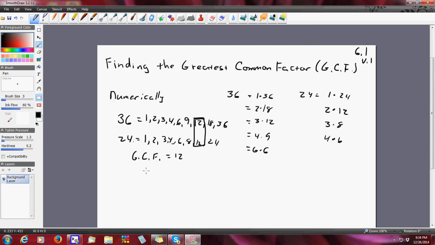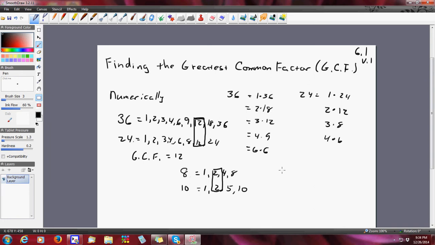I'm going to show you two more examples. Let's say 8 and 10. These ones are pretty easy because 8 and 10 are easy numbers to do, and sure enough, it's 2. It is always possible to have something like this.